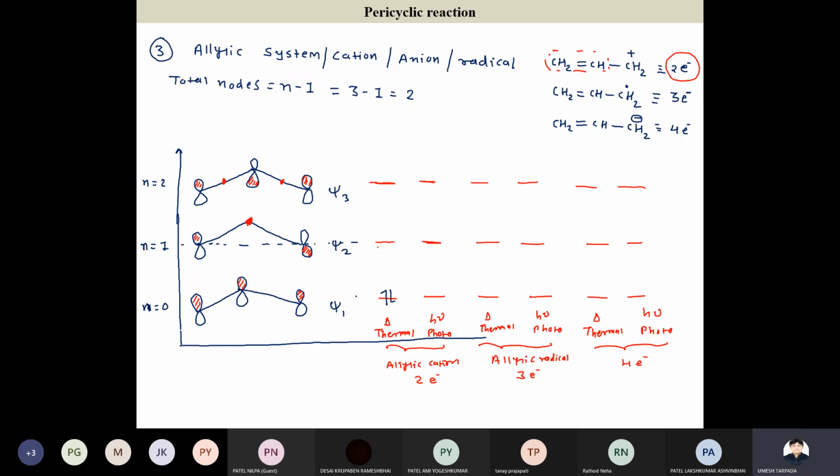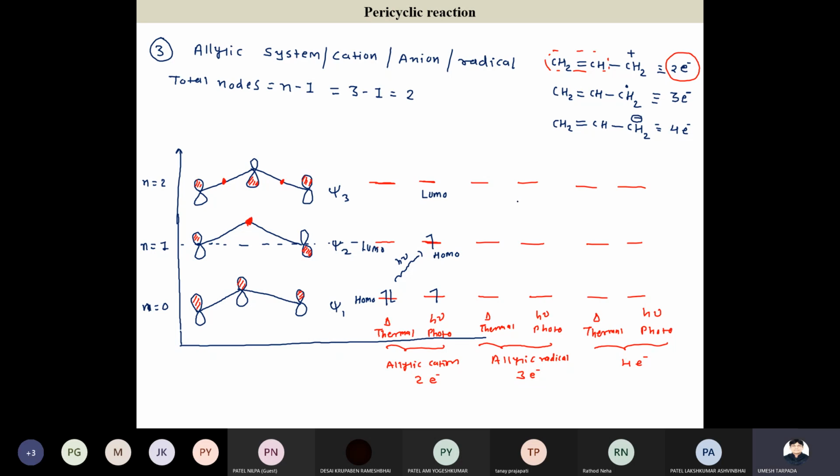So this is your HOMO and this is LUMO psi 2. In a photochemical reaction, one of the electrons gets excited to psi 2, so this now becomes HOMO, and this becomes LUMO. This is the case with cation.